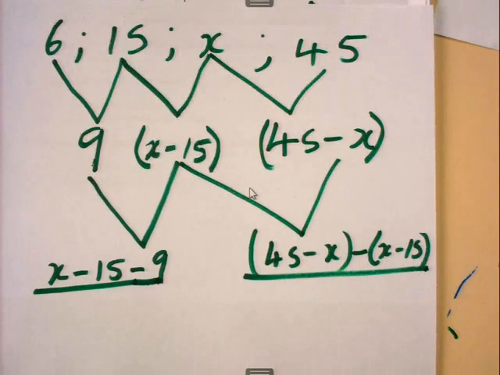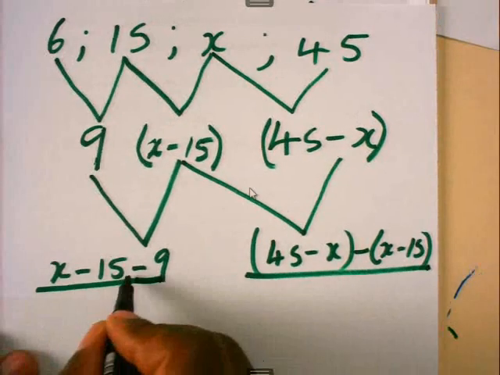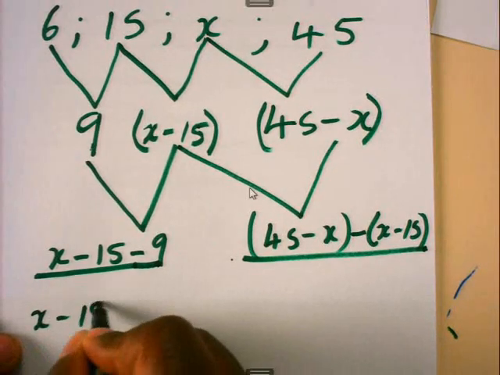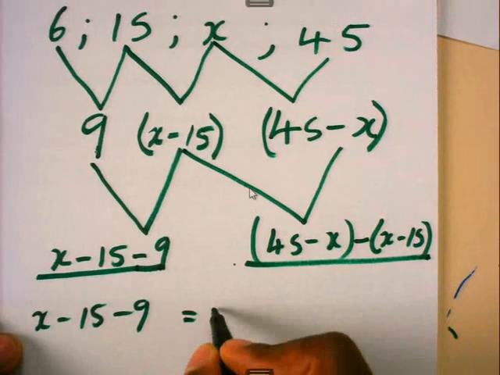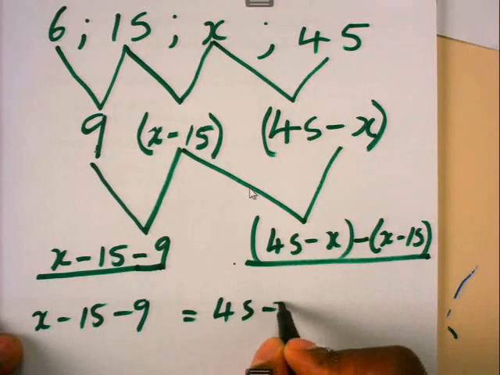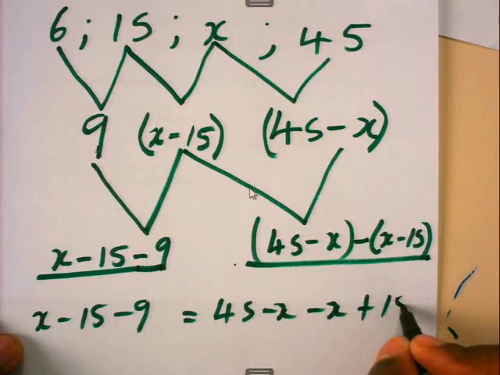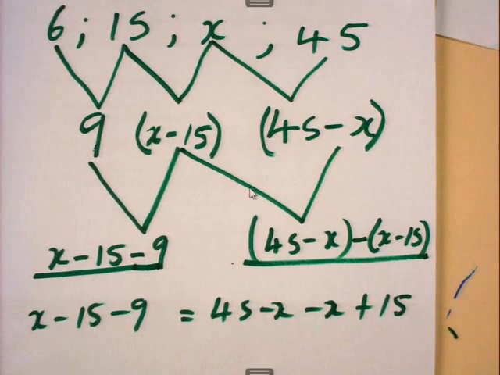So let's equate them. It means x minus 15 minus 9 is equal to 45 minus x, let's remove the brackets, minus x plus 15. Now we just have to add the like terms.